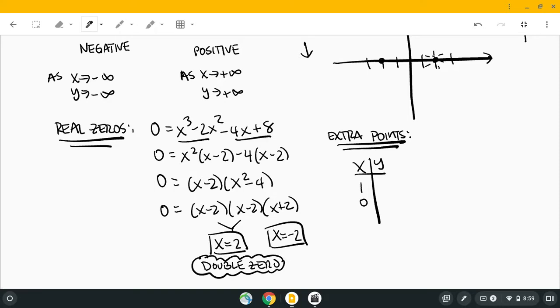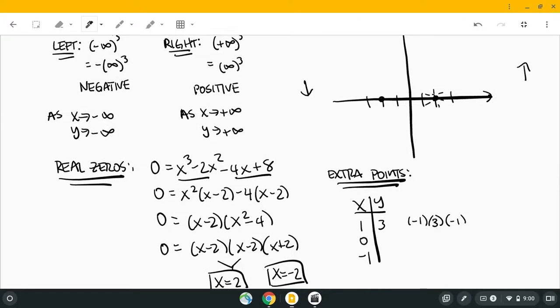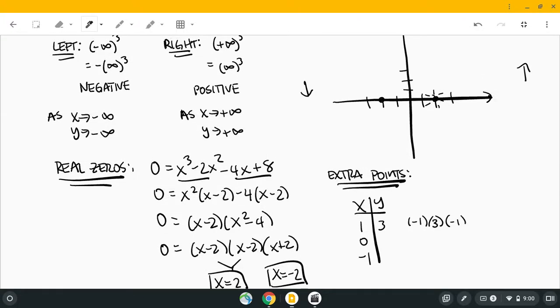When I plug in 1, I get negative 1, 3, negative 1, so that is 3. So I have a point there.